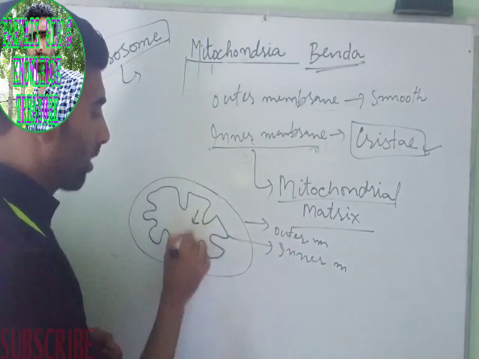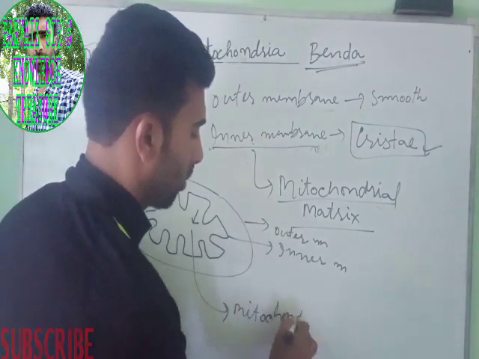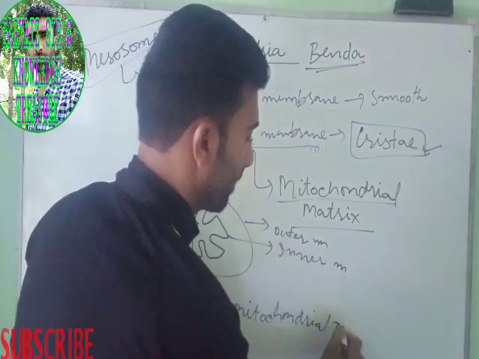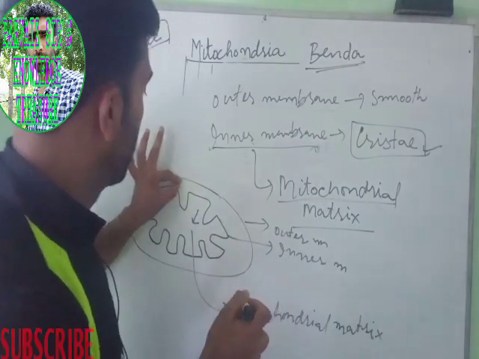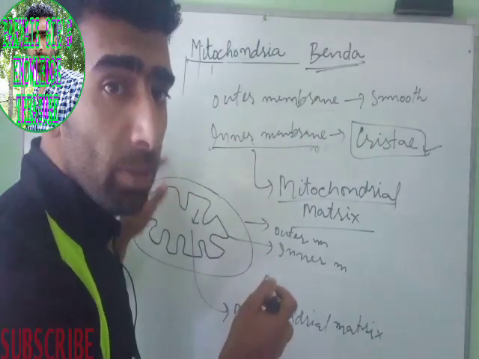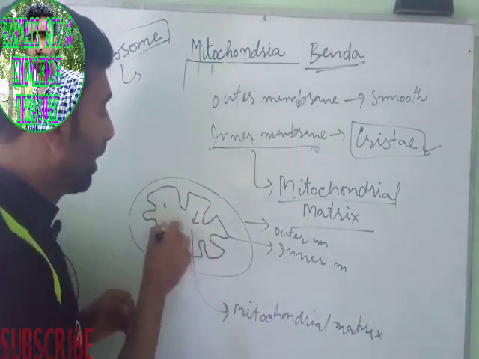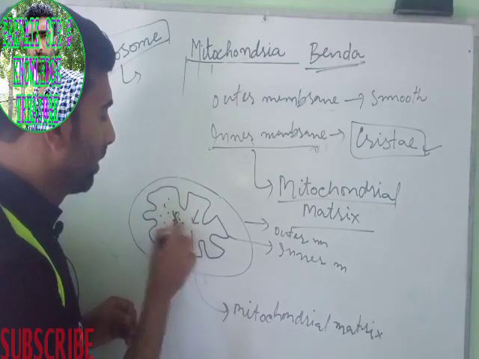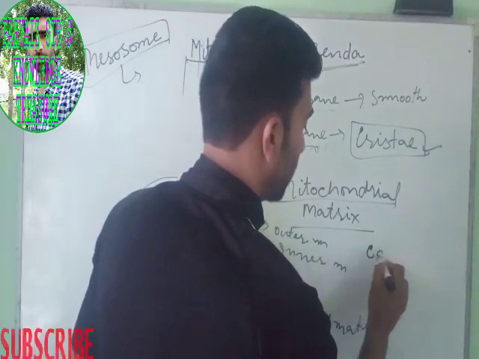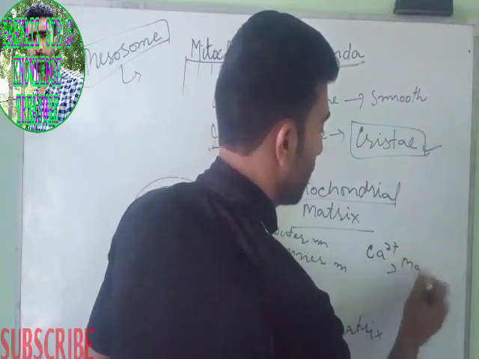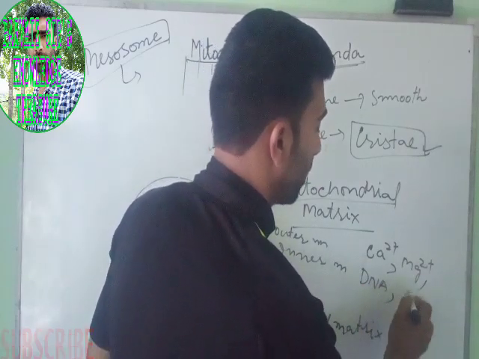This is called mitochondrial matrix. I have already told you there is a space between the two membranes that's called intermembrane space. Inside the inner membrane, ions like calcium ions and magnesium ions are present in the mitochondrial matrix, along with DNA and ribosomes.